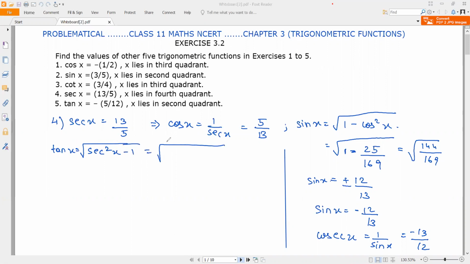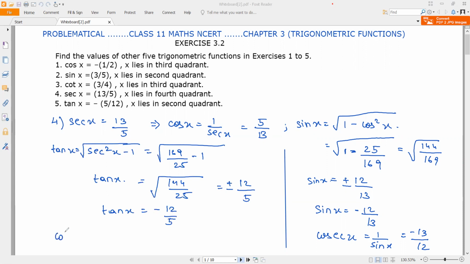This will be equal to root of 13 square 169 upon 25 minus 1. 169 minus 25 is 144, cross multiplication. This will give you root of 144 upon 25, which will be equal to plus minus 12 upon 5. Again, tan x is supposed to be negative in the fourth quadrant, hence tan x will be equal to minus 12 upon 5. Cot x is equal to 1 upon tan x, hence this is minus 5 upon 12.